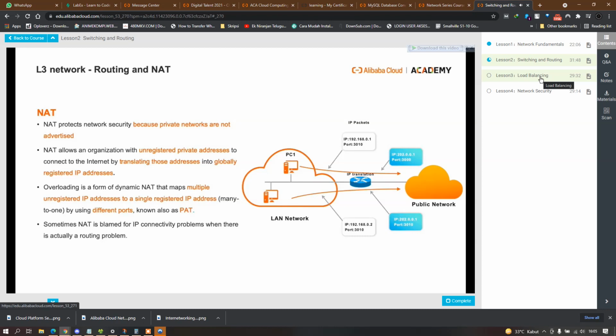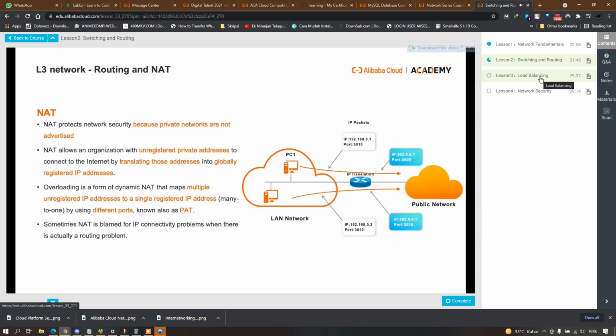So in this scenario, we will have a technology named overloading. It is a form of dynamic NAT that maps multiple unregistered IP addresses in the internal network to a single registered IP address, which means many to one, right?